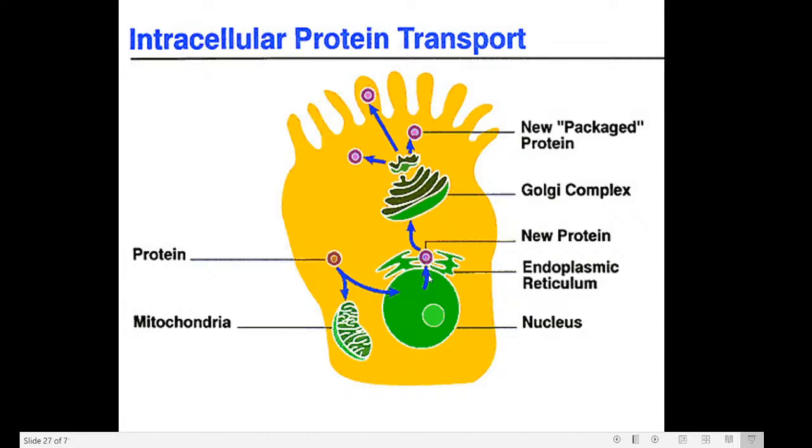After that, the folded protein or a newly formed protein is made in the endoplasmic reticulum. After the entry of the protein into the endoplasmic reticulum, it forms a new protein. That new protein is one important compound for the Golgi complex. The Golgi complex utilizes the protein for various purposes. The Golgi apparatus produces various packaged proteins.